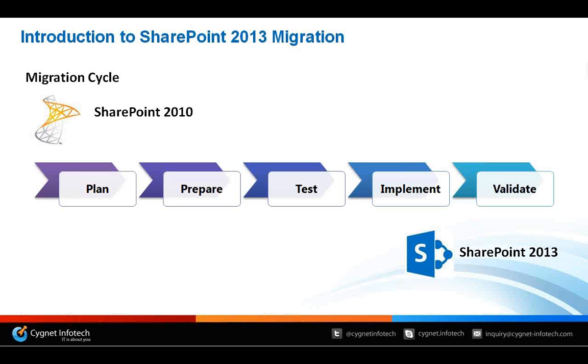If you find any issues with your migration, test again, re-implement, and validate again. So of course you perform at least 2 to 3 cycles for your migration, which gives you more confidence. I would recommend that you do this activity on your staging server, but of course you have to consider your hardware and software infrastructure.